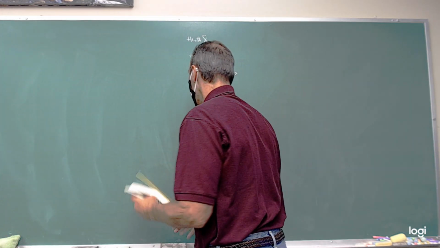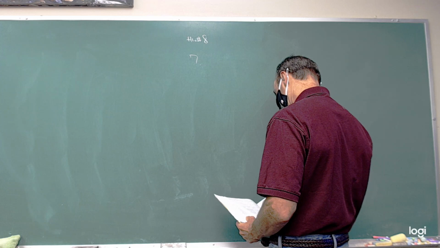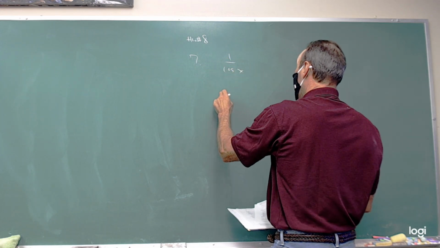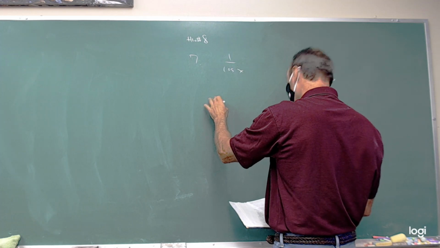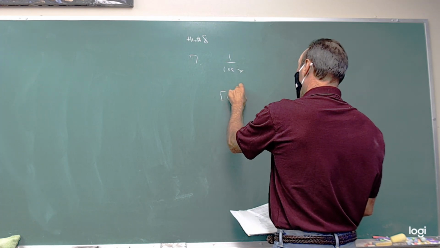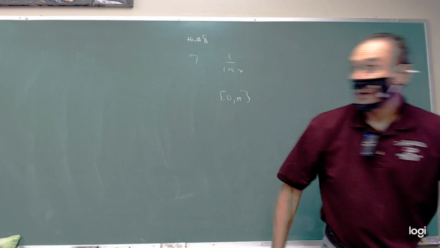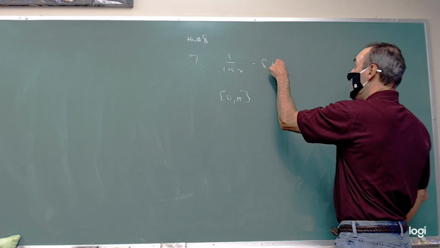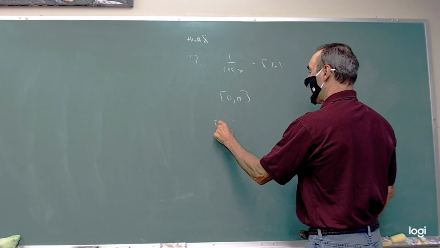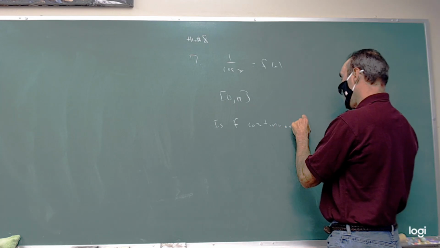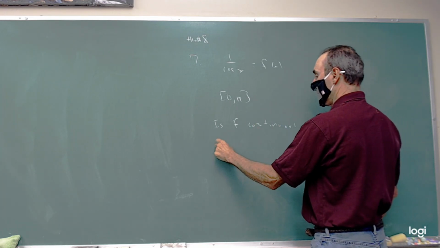So our function is, on number 7, 1 over cosine x. And our interval is 0 to pi. And the question is, is f continuous on that interval?